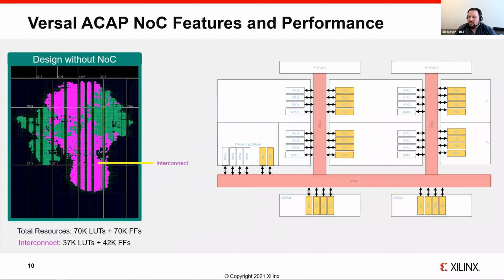Just to give a little example here, imagine I have a design that has a lot of peripherals that all want to talk to each other. We can see here that the total resources used are 70,000 lookup tables and 70,000 flip-flops. Of that, roughly half are for interconnect resources. So imagine if you have an AXI interconnect, about half of the resources here are consumed just to handle that interconnect.